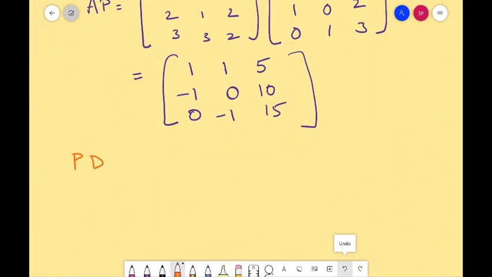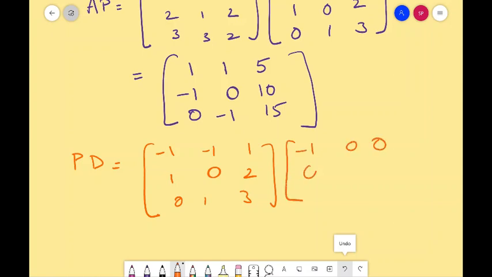And then let us see what is PD also. P is equal to minus 1, 1, 0; minus 1, 0, 1; 1, 2, 3, into D is minus 1, 0, 0; 0, minus 1, 0; 0, 0, 5.